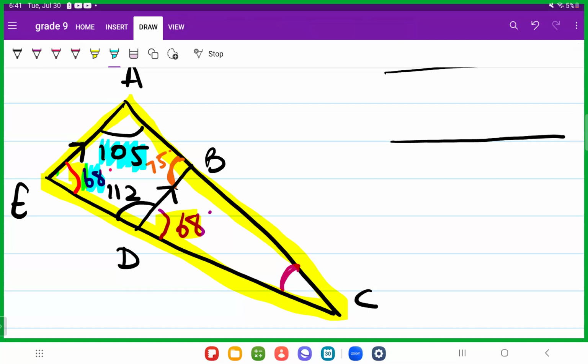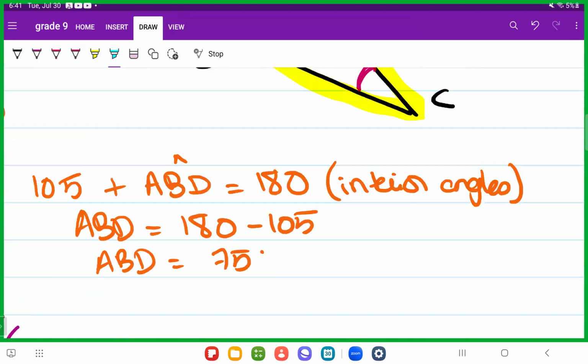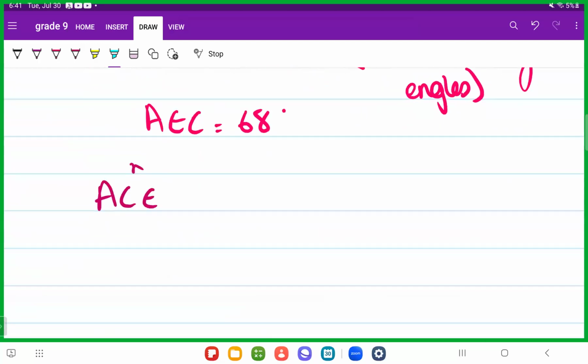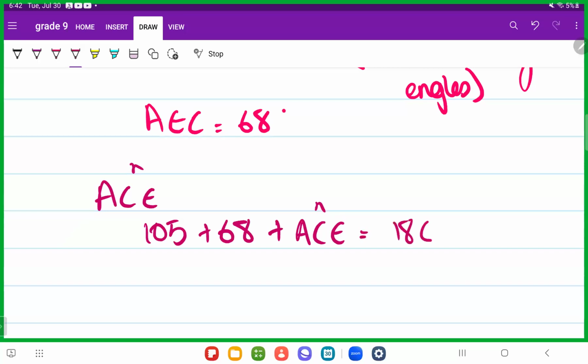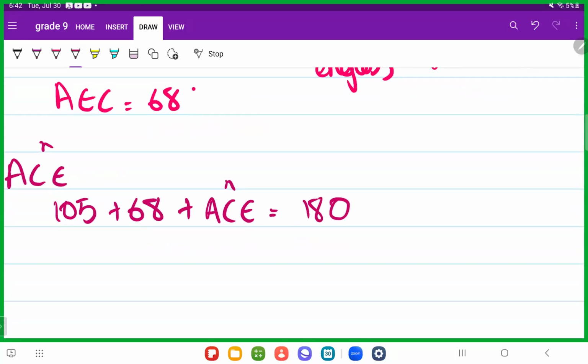So 105 plus 68 plus ACE. Yes, I get that, but do you understand what we're doing? Sum of angles in a triangle.